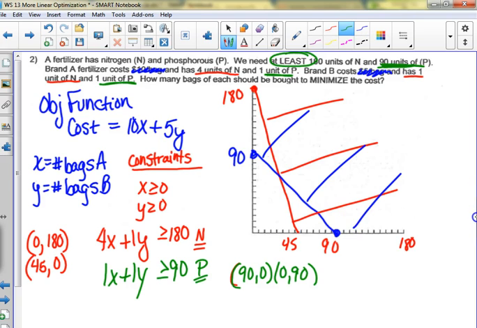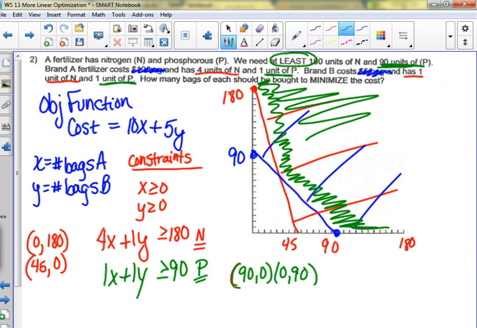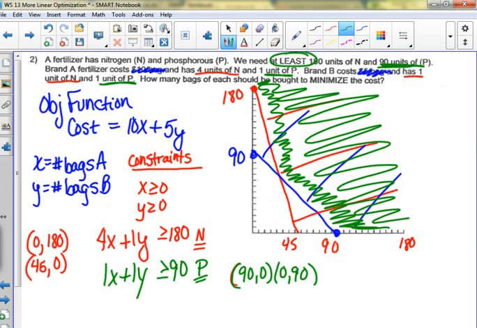So the area we're talking about is bounded here. We can buy 10,000 bags of each and we'll have enough. But I don't think that's going to minimize the cost, right? We're trying to minimize the cost.